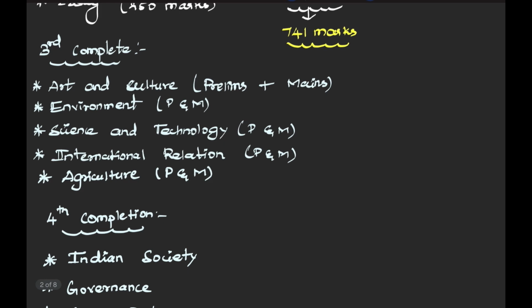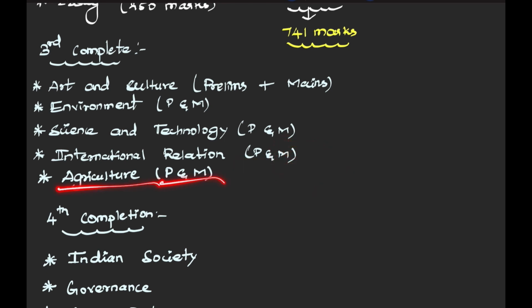Then go for third stage: art and culture, because art and culture comes in both prelims as well as mains. In mains, it comes under GS1. Environment, both prelims and mains, in mains comes under GS3, right? Science and technology, both prelims and mains, GS3. International relations, both prelims and mains, under GS2.